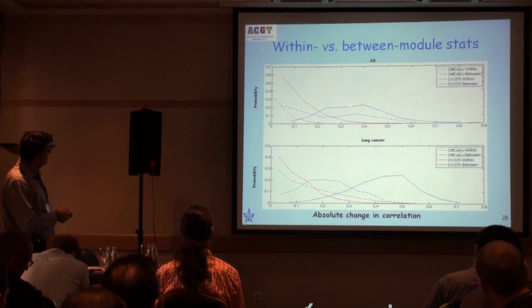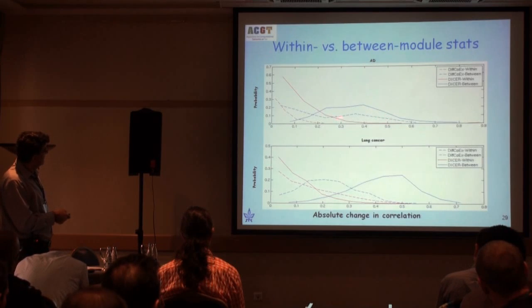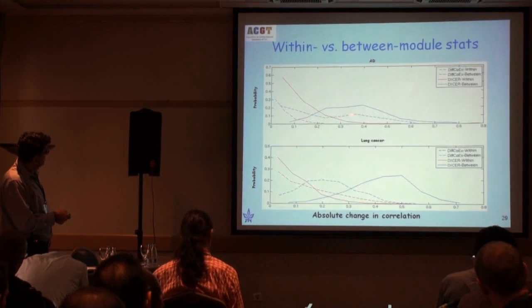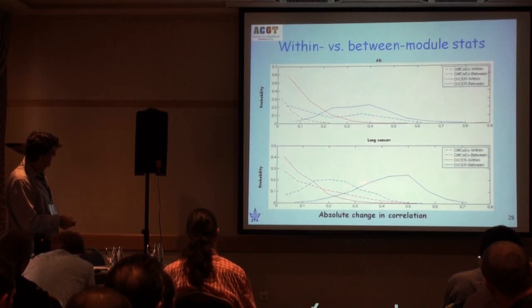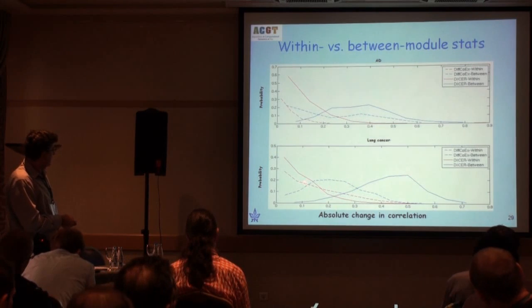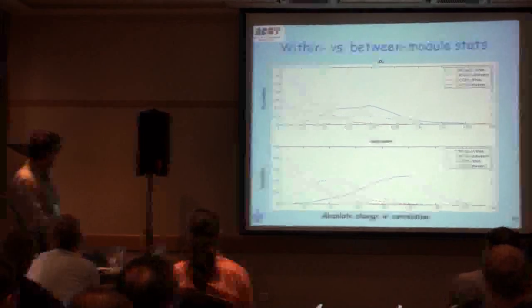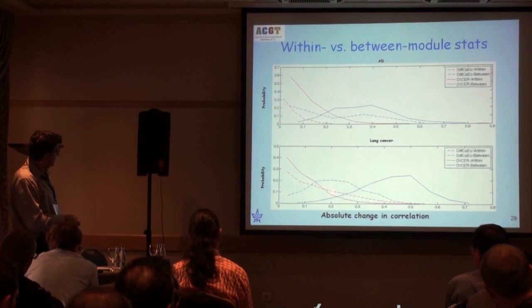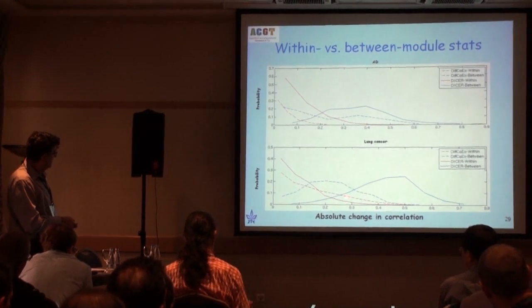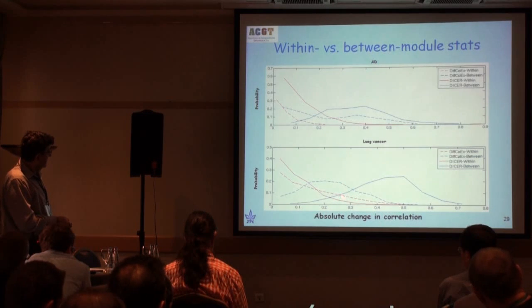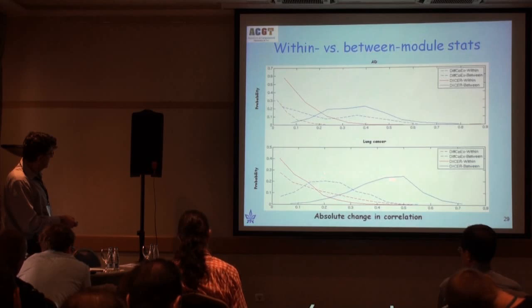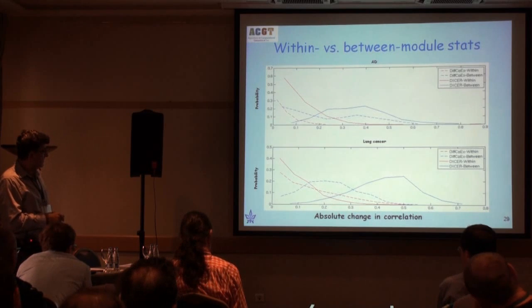And indeed, this is shifted to the right, and it's more than you will see if you look at the DIFCO-X modules. And this is even more pronounced here, where there is virtually no difference between the between and the within in the DIFCO-X, and it is very substantial in the case of Dicer.